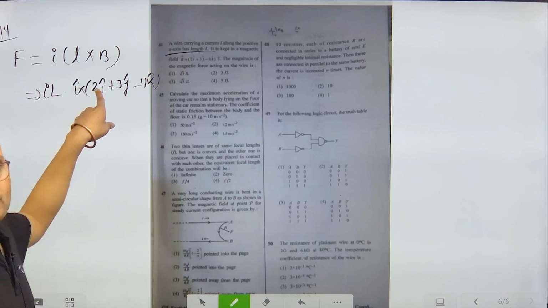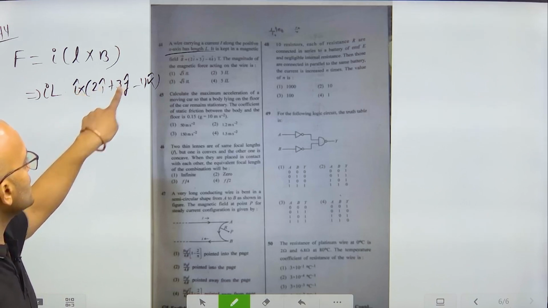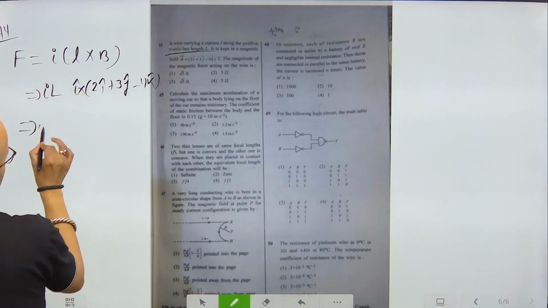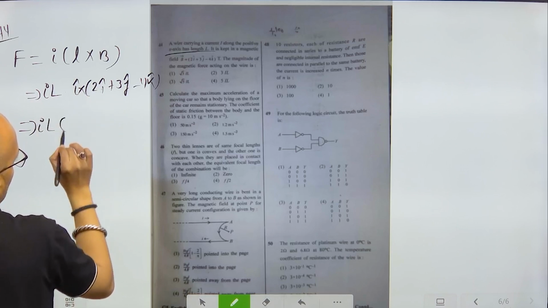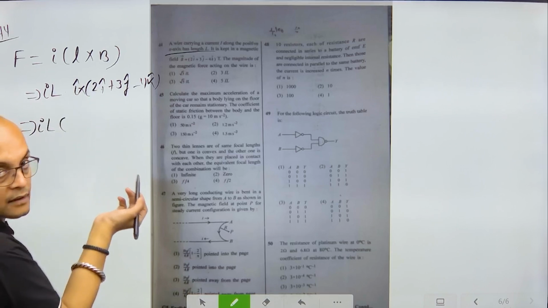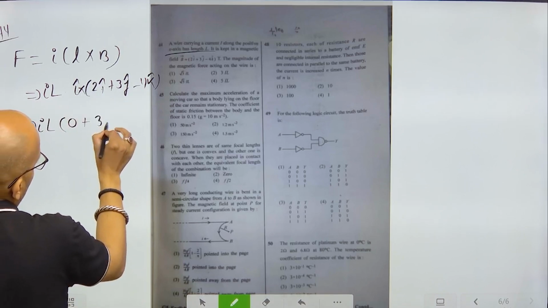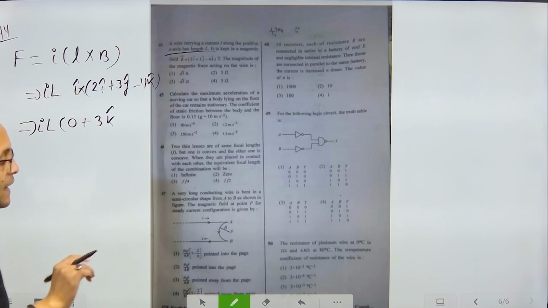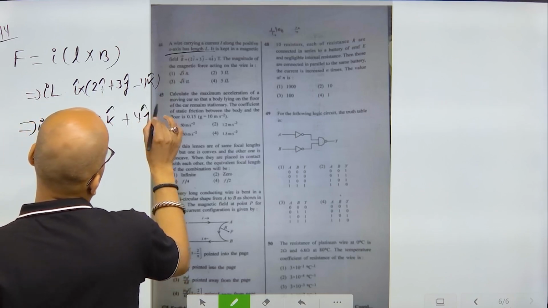So I cross I is 0. I cross j is equal to k. So I am writing now IL. I cross I will be 0. I cross j will be k, so 3k cap. And I cross k will be minus j. Minus minus will become plus, so 4j cap.